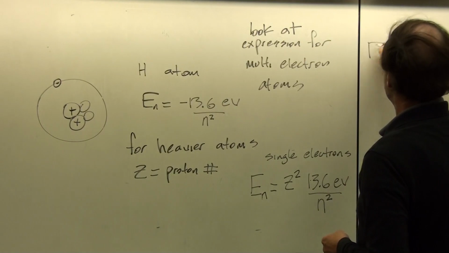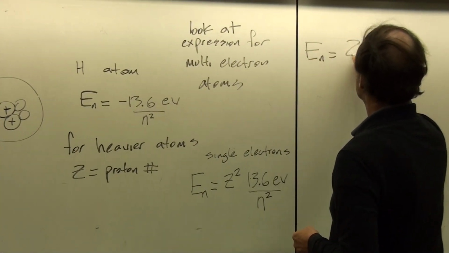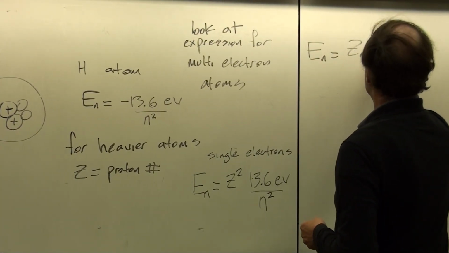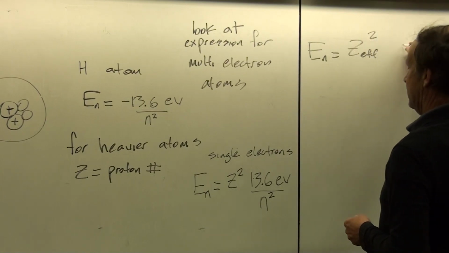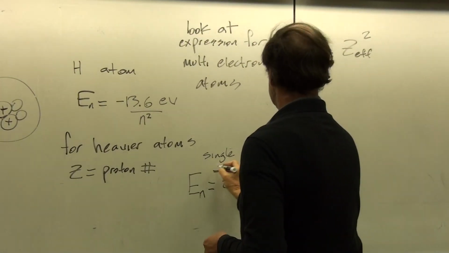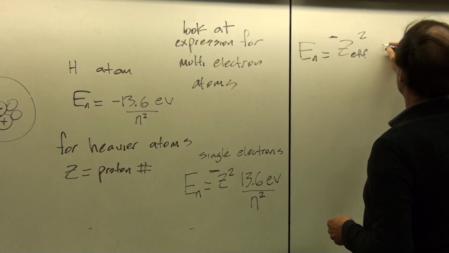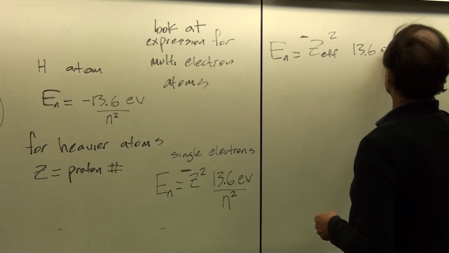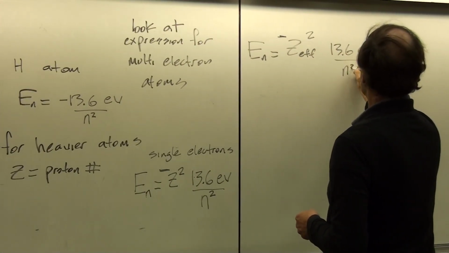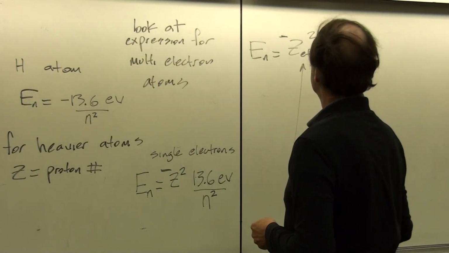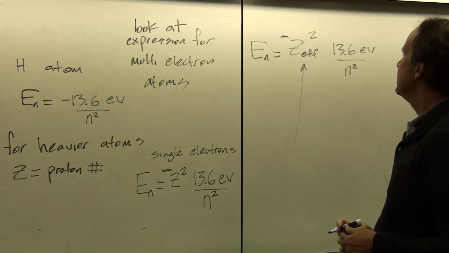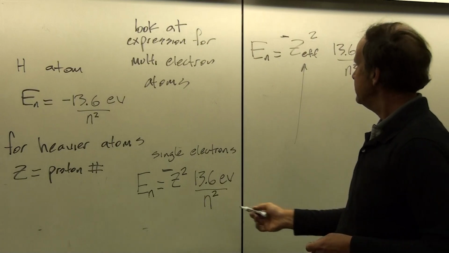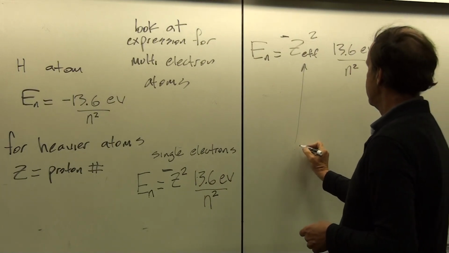And what that looks like is En equals minus Z effective squared times 13.6 eV over n squared, where Z effective is the effective proton number of the nucleus.